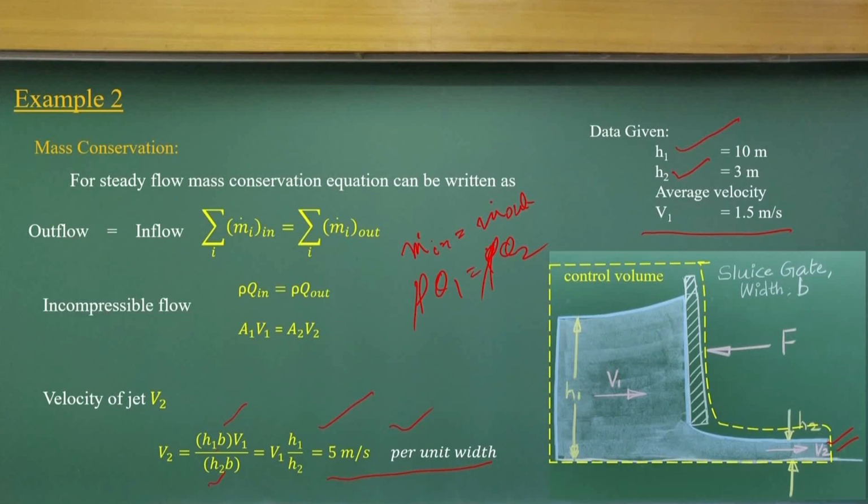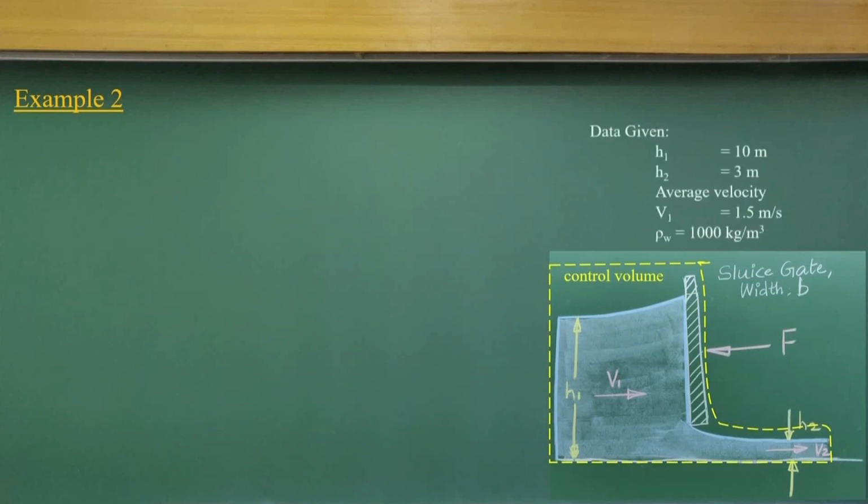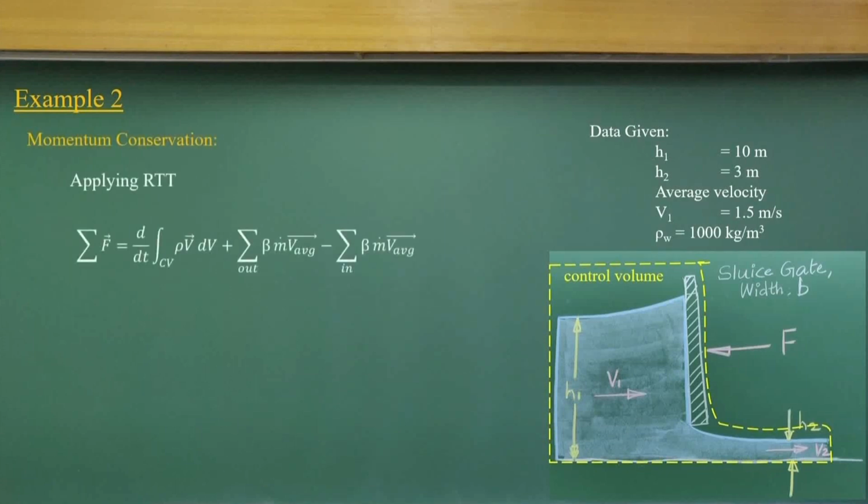That is the very basic conservation of mass. As the flow area decreases, the velocity increases. As a proportionality, it becomes 5 meters per second in this case. Now, I will apply the conservation of momentum. Here I am not simplifying the Reynolds transport theorem step by step.